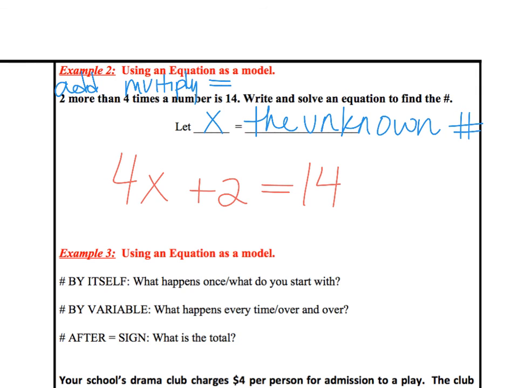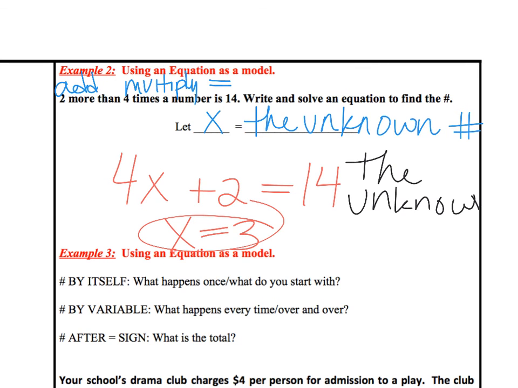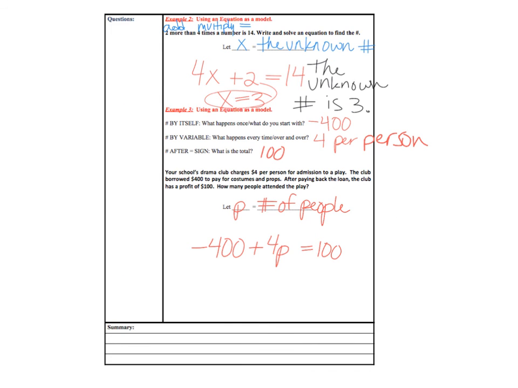Please solve that equation and figure out what the number is going to be. And you should get that by solving the equation. You would get that by subtracting 2 and then dividing by 4.